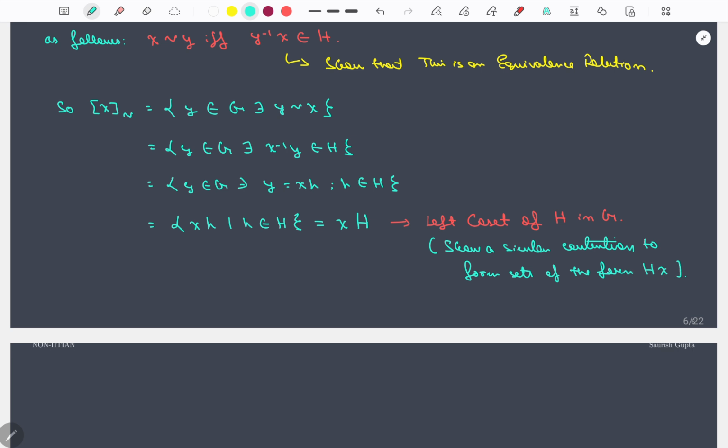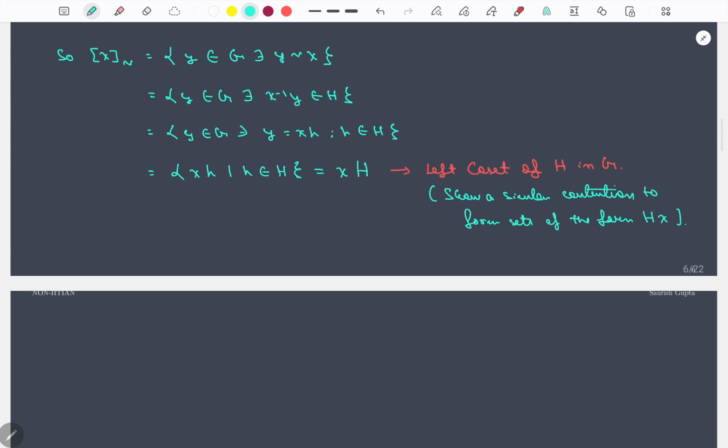That should also be the same definition. So hx would be elements of the form h times x. Okay, is it clear?